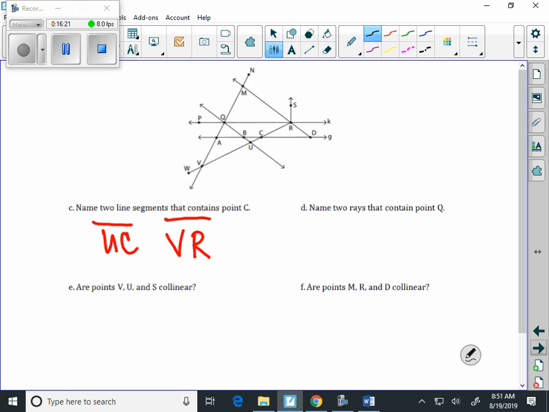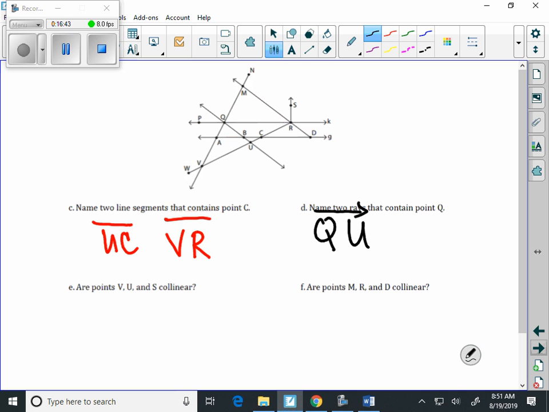Name 2 rays that contain point Q. Well, finding point Q, and then we look at a ray. Again, start with Q. And then we could say QU, 1 arrow when we write it.